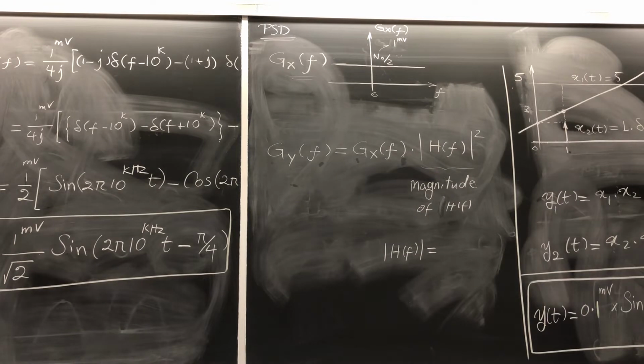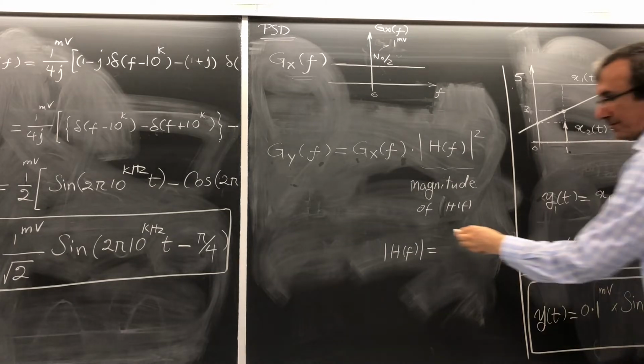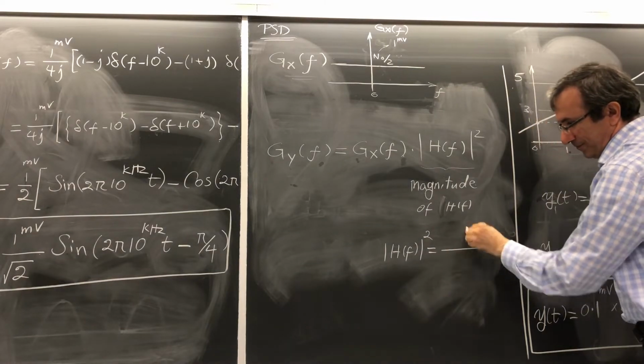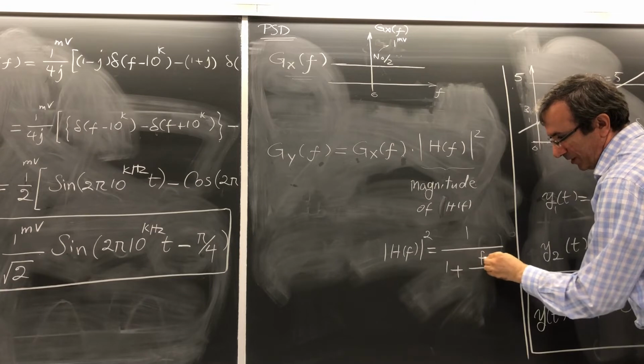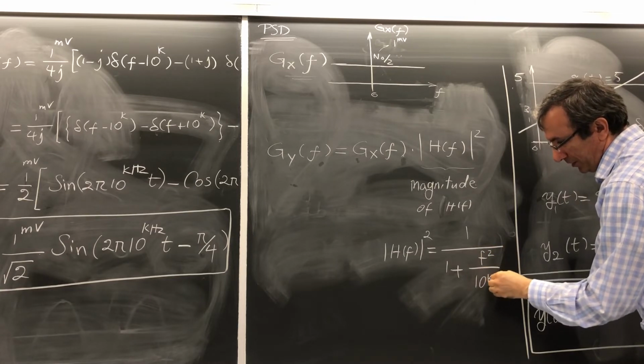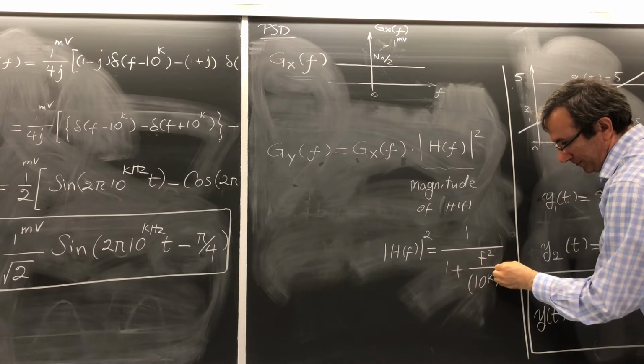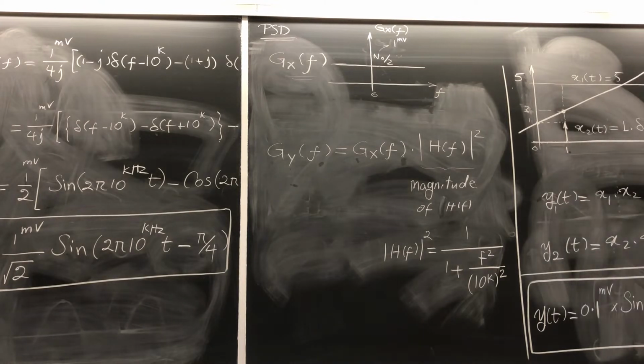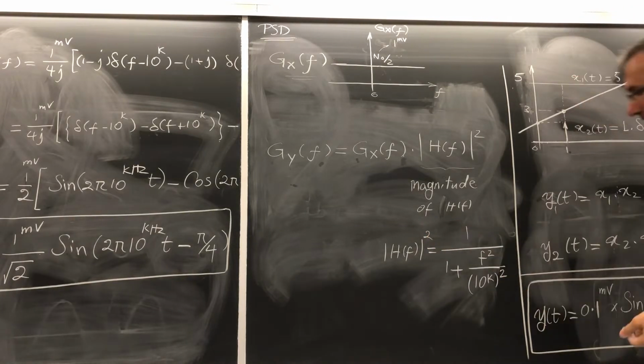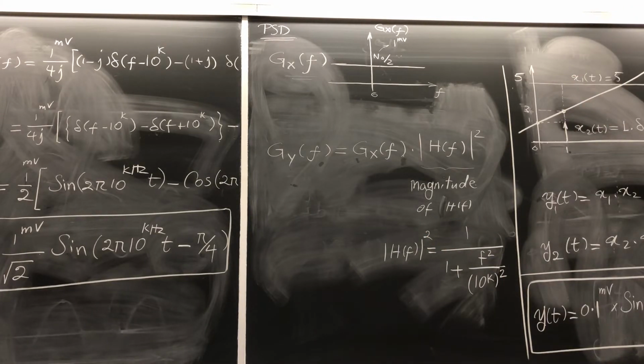What is the magnitude of this transfer function? 1 over 1 plus f over 10k all squared, which is f squared over 10k squared. So H of f magnitude squared is this.